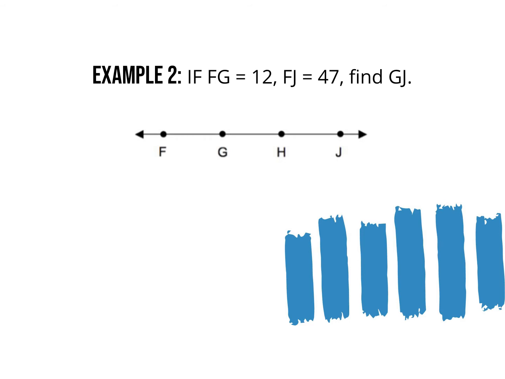Here's another one. We're just given some data. FG is 12, so I'm going to label that. FJ is 47, so that's from here to here. I want to figure out what GJ is, what this part right here is.